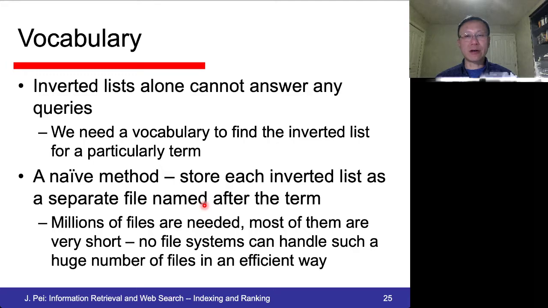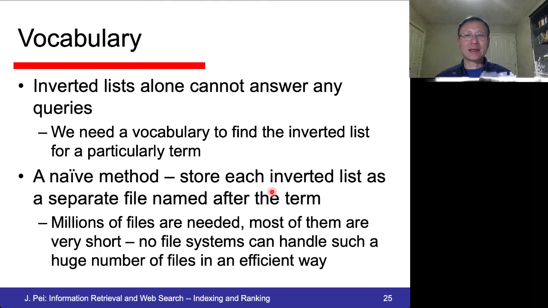Most of those posting lists can be very short, because remember, we talked about the frequency of terms in document collections. We said half of the words may appear only once in a set of documents. Therefore, most of those inverted lists can be very short.